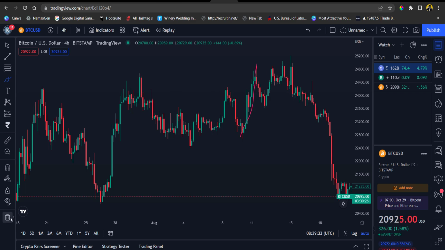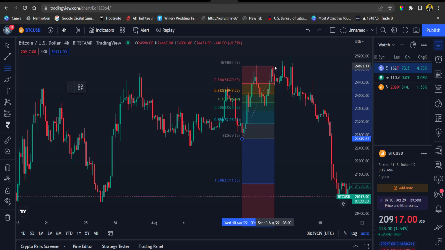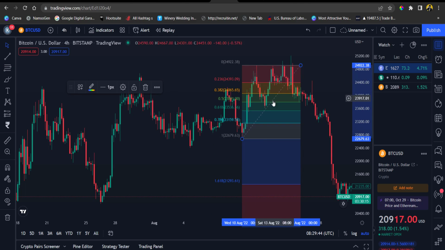So at this point, if we take our Fibonacci tool and place it from here, this level, to the top of this level, you're going to see what I'm telling you right here. In between your 50 level or 61.8 level is when you begin to see price reacting.